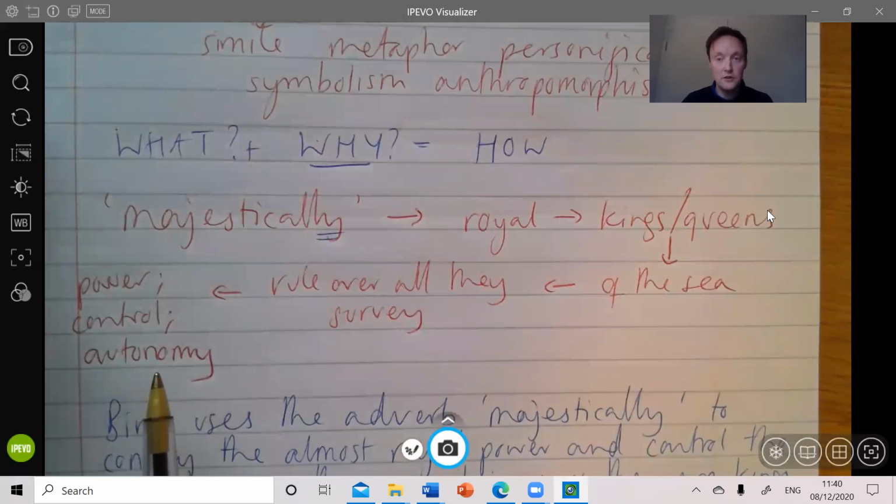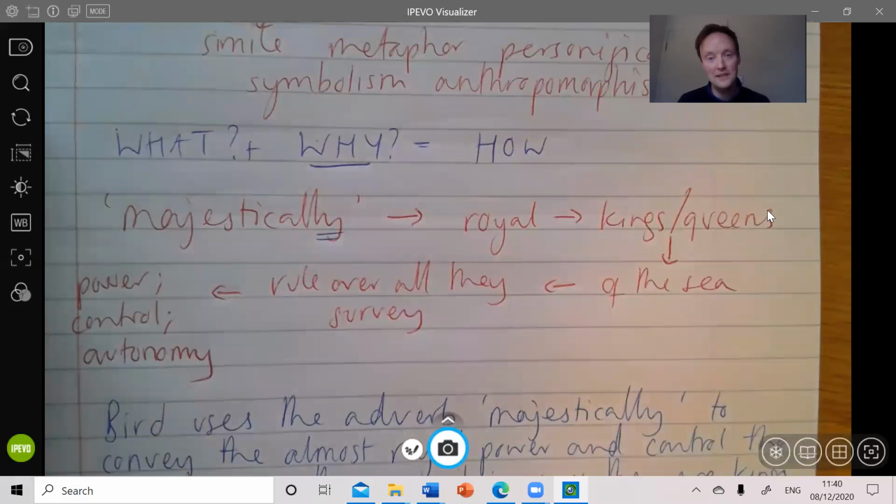Some believe that monarchs are chosen by a god, and perhaps this explains why Bird has chosen this word. However, this is contrasted to the other violent language in the rest of the passage, and so on and so forth. And I'm beginning to give myself a chance to get into those top end marks, between 10 and 12, because I'm being increasingly perceptive, but I'm also adding detail to it.